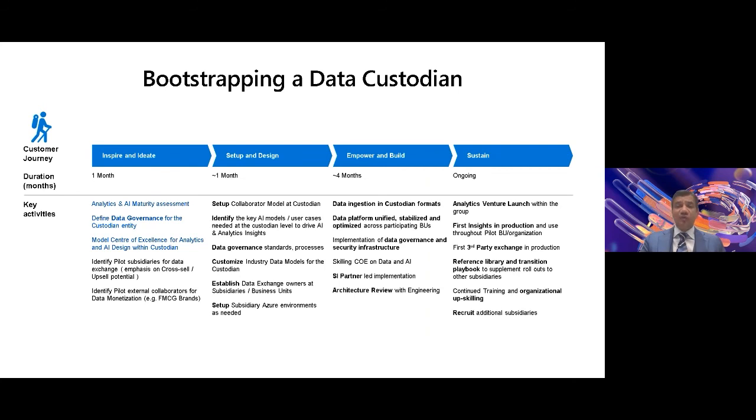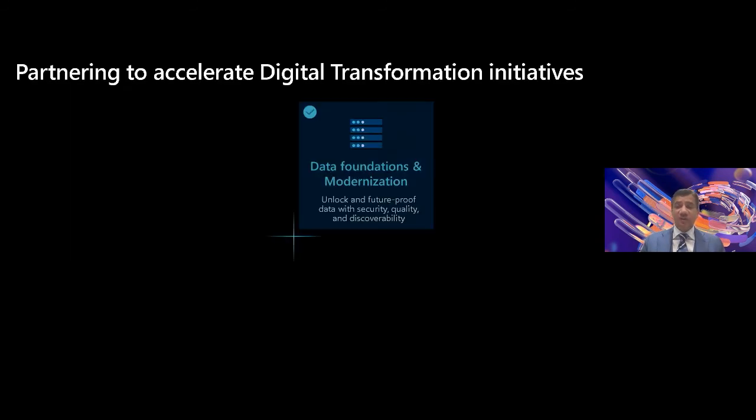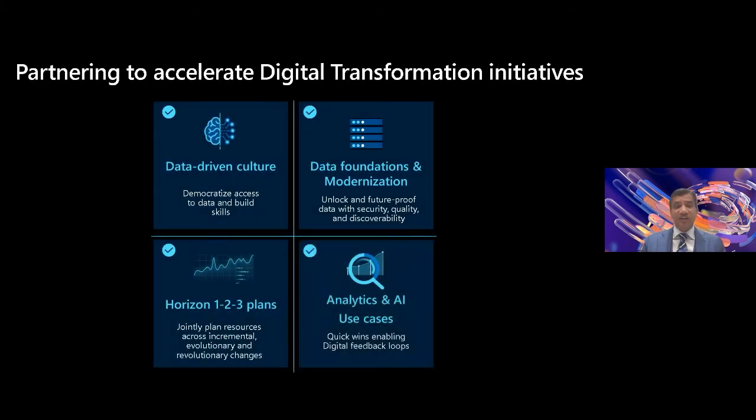And how do we help? We have a whole range of services that help you walk through those different pieces. We have maturity assessments, data strategy journeys that we work with our customers to make sure that you tackle both the culture, the foundation, AI analytics use cases for the custodian, and how you shape them into a 1 to 3 horizon plan.